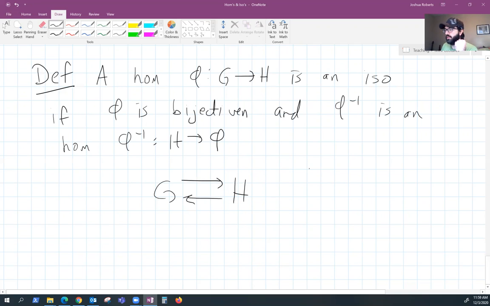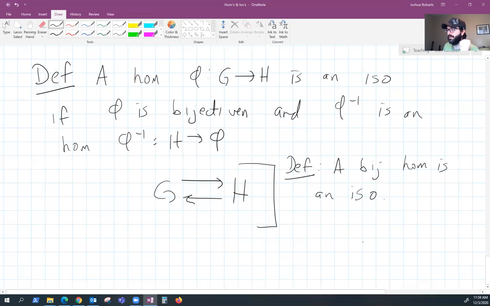Typically, books will usually say something like this: the definition of an isomorphism is a bijective homomorphism, because it's pretty easy to prove that if a homomorphism is bijective, then the inverse function is also going to be a homomorphism.